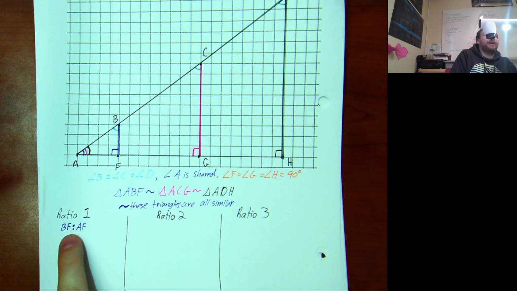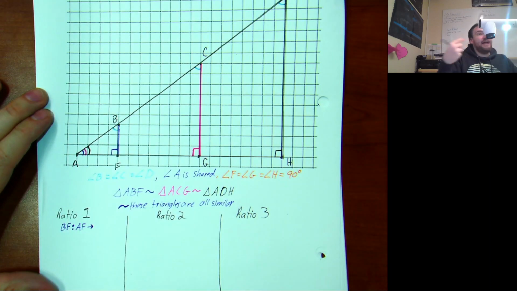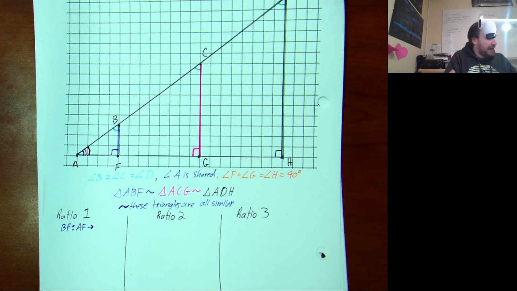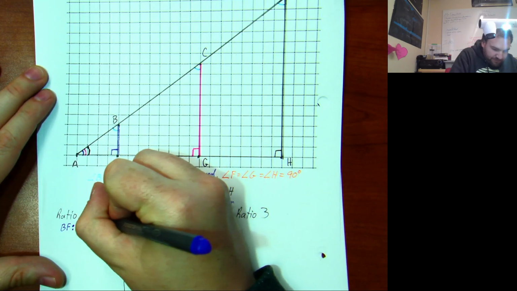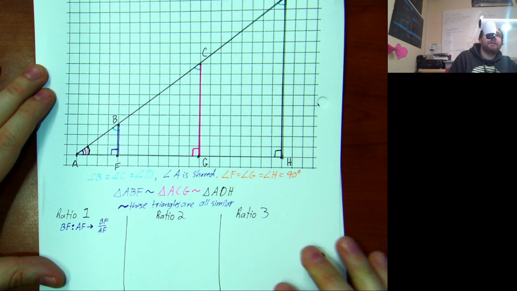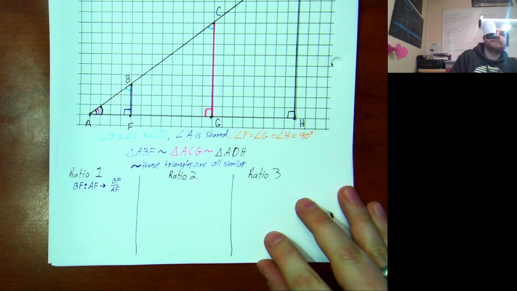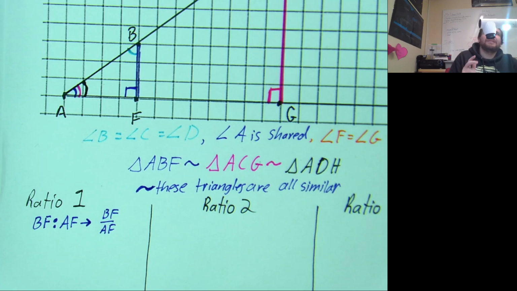That's how we typically write a ratio. Instead of writing it like that, I'm going to now change the notation. I want to use the fraction notation for a ratio. I want this one, BF over AF. I'm going to zoom this in a little bit here to make it easier to see. And I'll be zooming in and out. Hopefully it doesn't screw you guys up too badly.